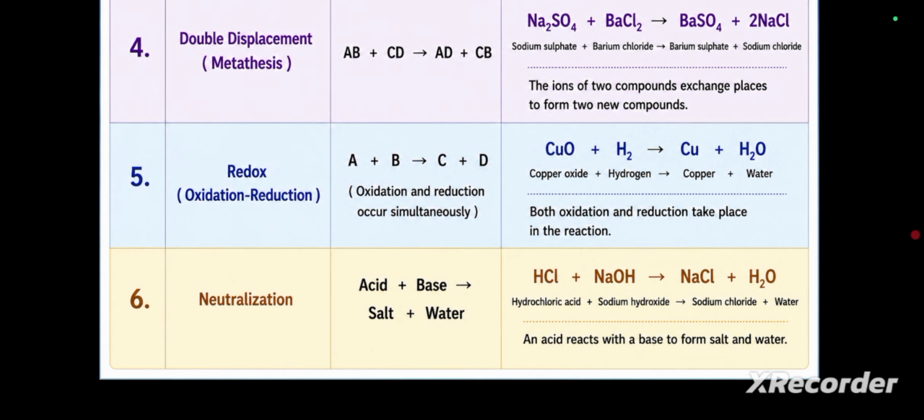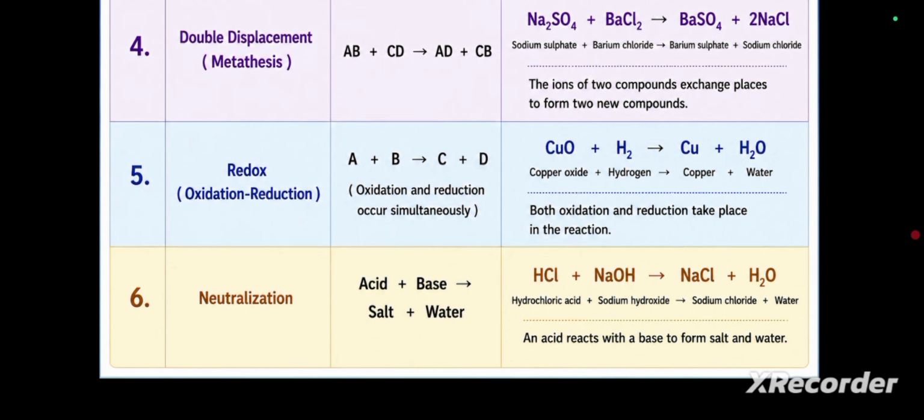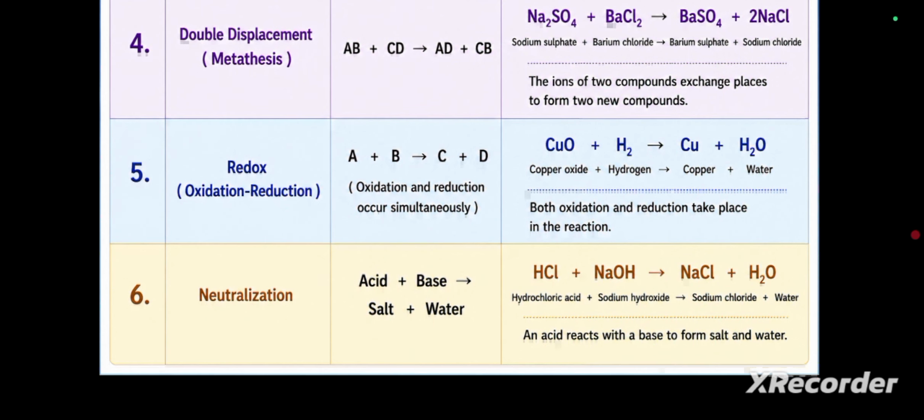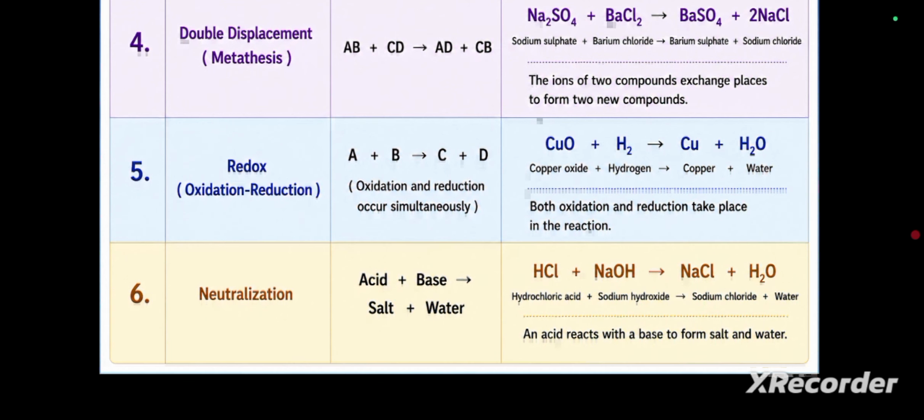These two combine and give new substances, that is NaCl, sodium chloride, which is salt, and H2O, that means water. The acid combined with the base gives salt and water. This type of reaction is called a neutralization reaction. We see these in our daily life also.